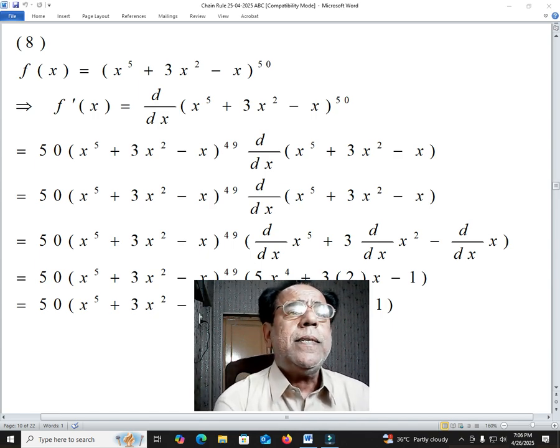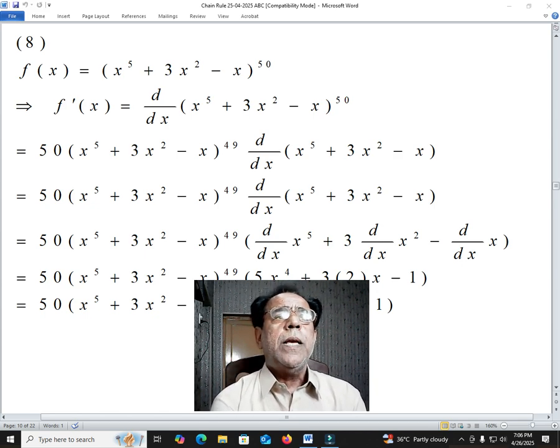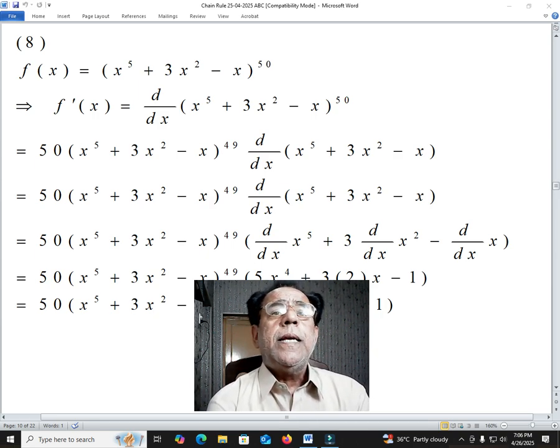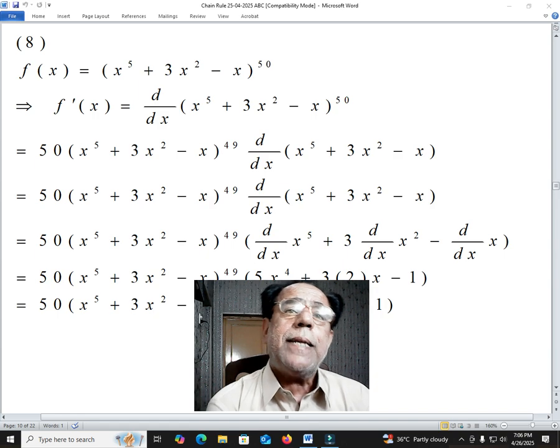f(x) is equal to this. Here, because power is 50, so f dash x will be d over dx into this whole function, because f(x) is a function of x. Now once again, according to chain rule, d over dx x raised to power n equal to n x raised to power n minus 1.